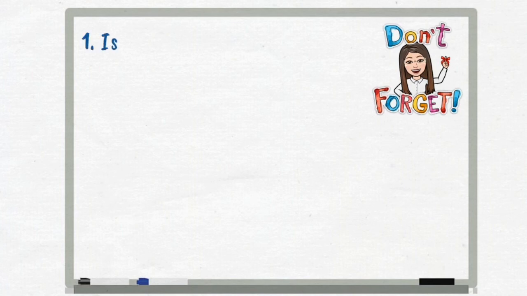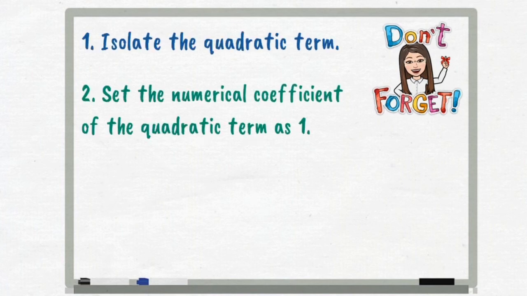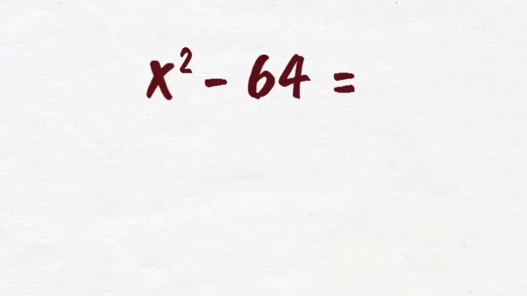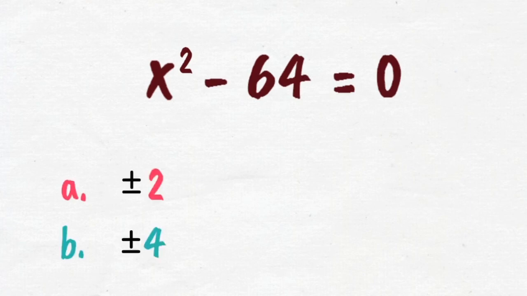These are the steps that you don't want to forget when solving quadratic equations using extracting square root. Now you try. Which of the following are the solutions of this equation?